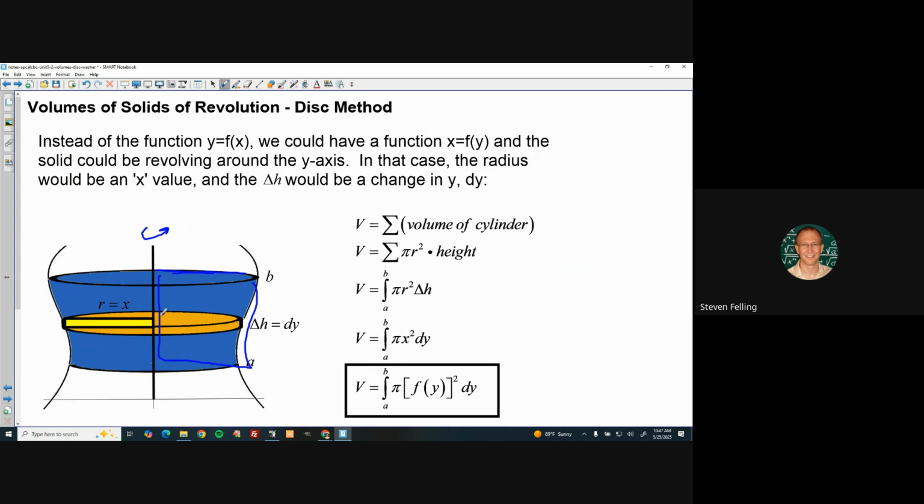The radius will be in the x direction, and we'll be summing in the y direction. So this delta h could be either dy or dx. But whatever we establish here, if this is, say, a y, then these are starting and stopping y values, and that means this function can contain only the variable y. So everything is either x or y.